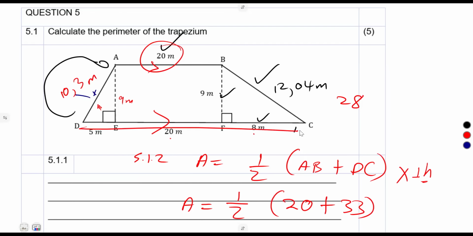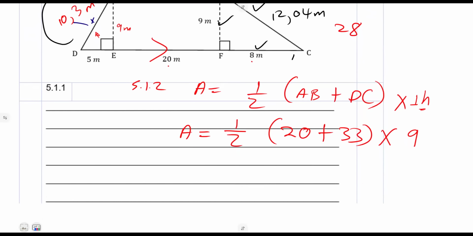So the whole of this line is 33 meters, times the perpendicular height going up. That is 9. So the area is half of 20 plus 33, that is 53, times 9.